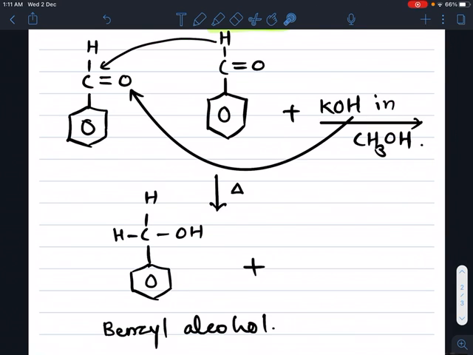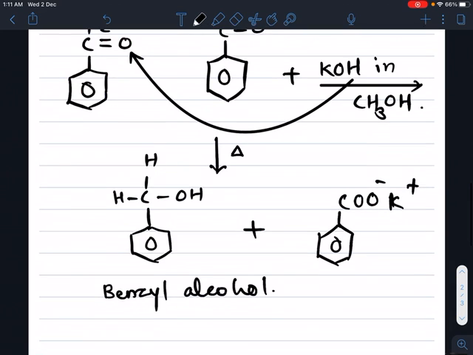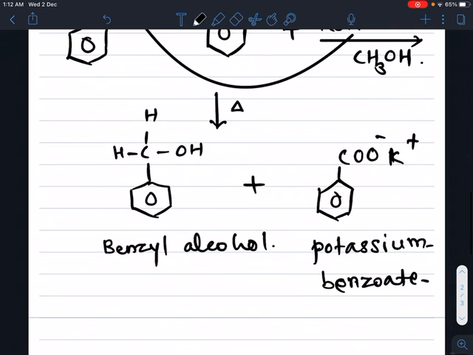And the other product formed is the potassium salt. So the C6H5 phenyl group is attached to COO minus K plus. Instead of sodium, potassium benzoate is formed, which is the oxidized product. So alcohol is the reduction product, and benzoate is the oxidation product.